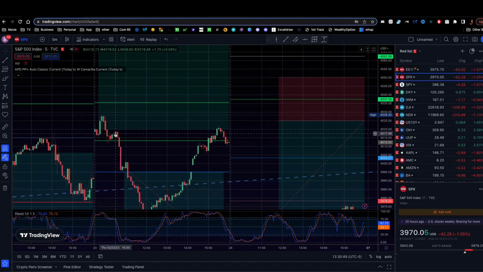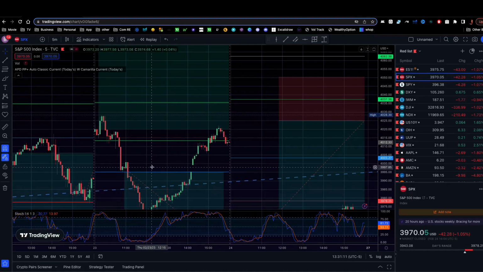But I was not getting higher highs at this point. We just got a swing high, but a lower high, so we want lower highs. I guess you could say, yeah, this is a high and this is a lower high. So you could kind of still justify it with this particular area, but that's what you're looking for.